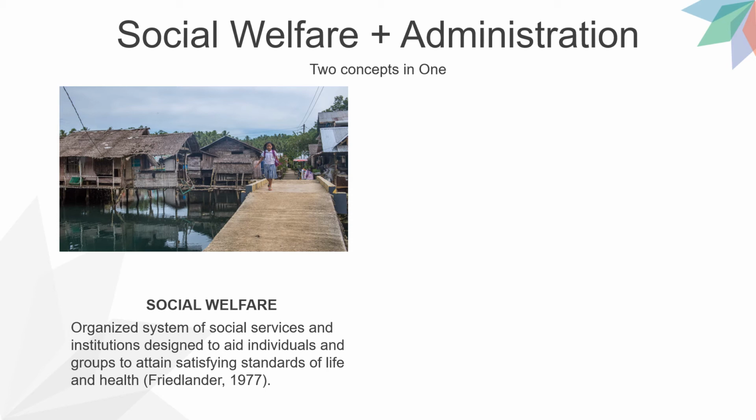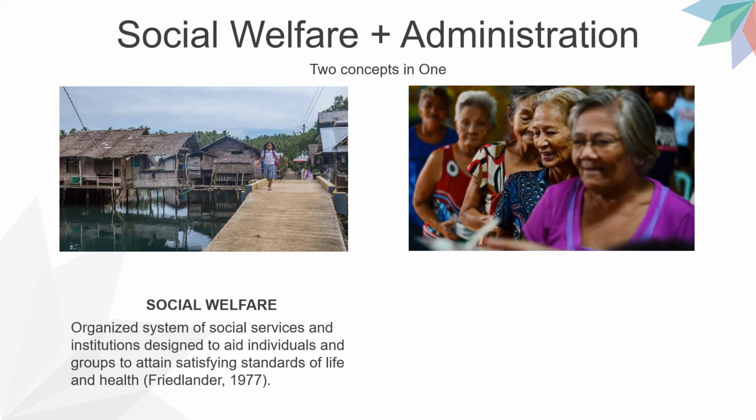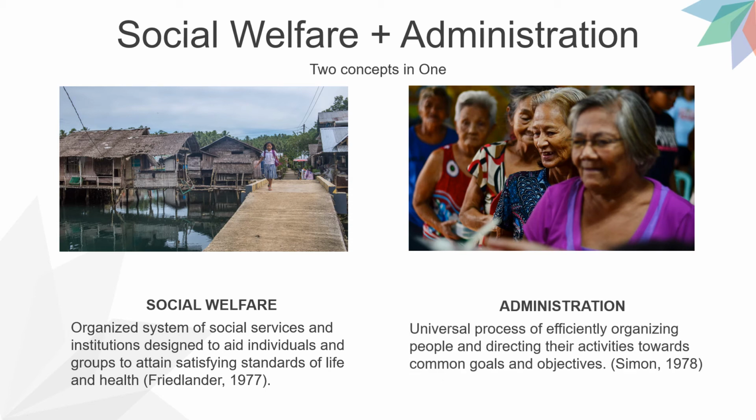And I think we have been able to discuss what social welfare is. And the next phase is the administration part. How do we actually deliver programs and services so that it reaches our target beneficiaries? This definition says that administration is the universal process of efficiently organizing people and directing their activities towards common goals and objectives.